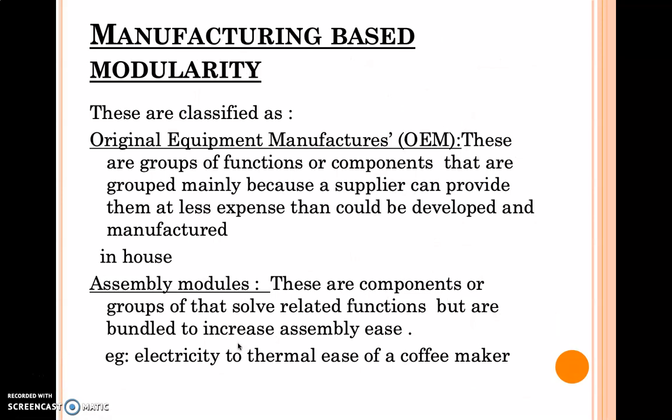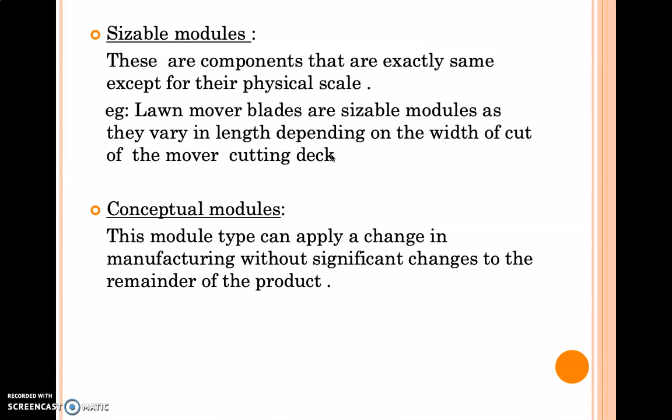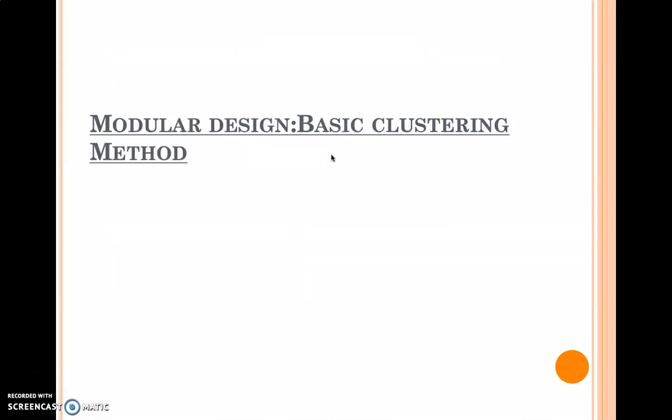Now, manufacturing based modularity: there are various OEMs, original equipment manufacturers, who manufacture the part based on the modularity. You can give them tasks, they will design or manufacture based on the modularity. They will assemble your modules according to the design given to them. Sizable modules, conceptual modules.